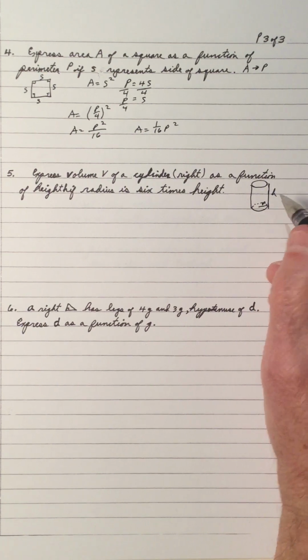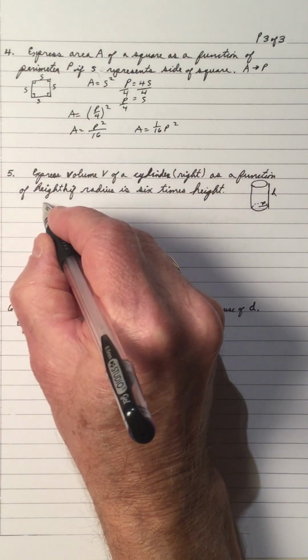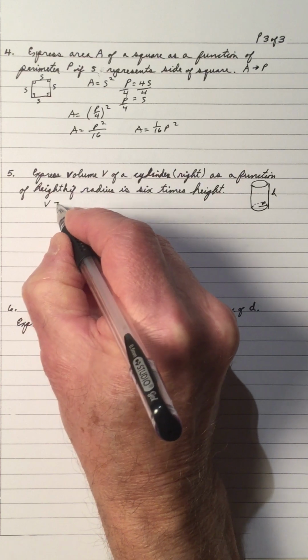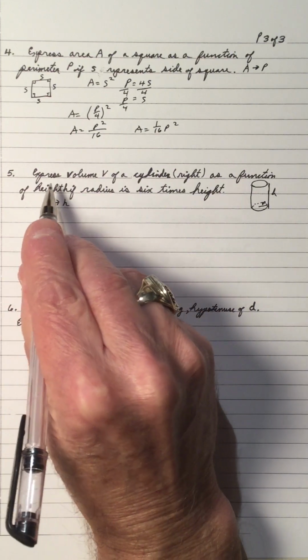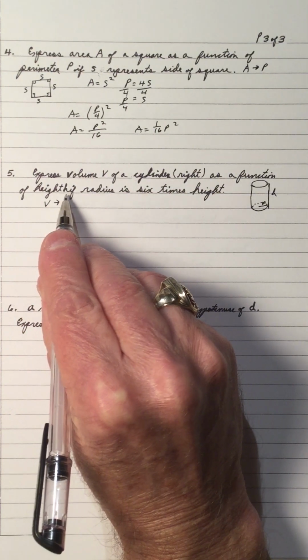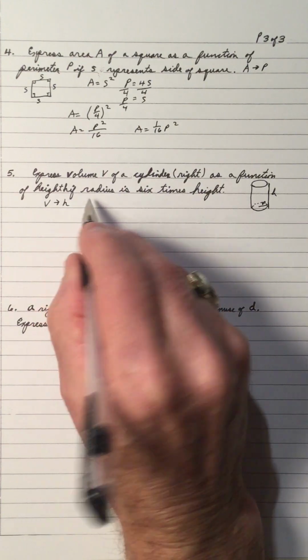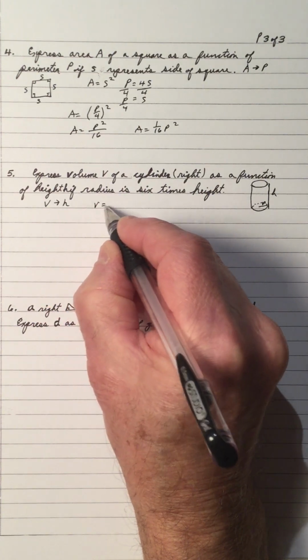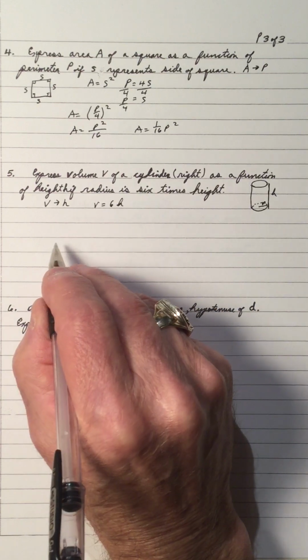We want the volume as a function of h. Express the volume of a right cylinder as a function of h, the height, if the radius is 6 times the height. So that means the radius is a function of h.